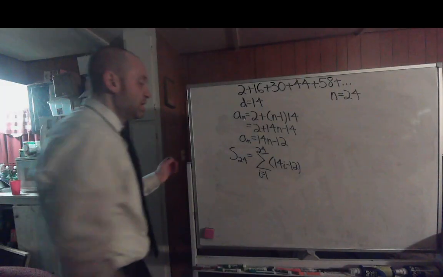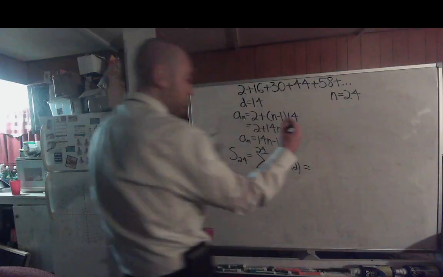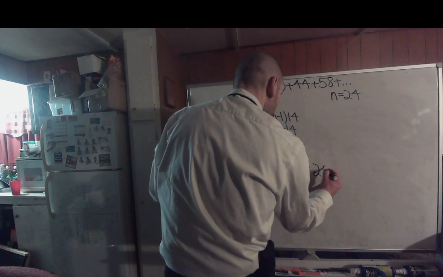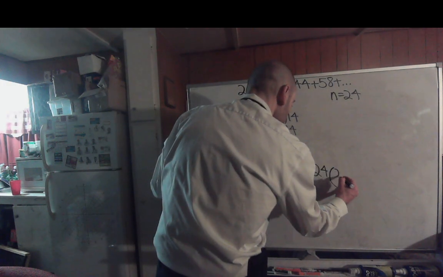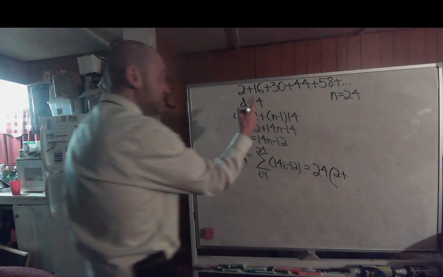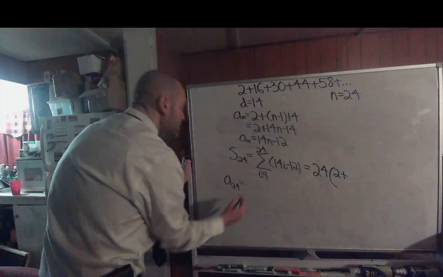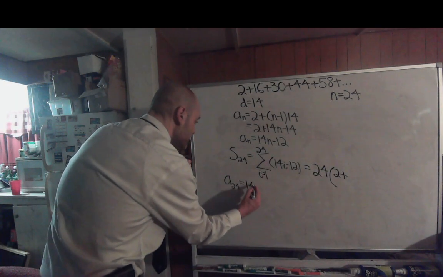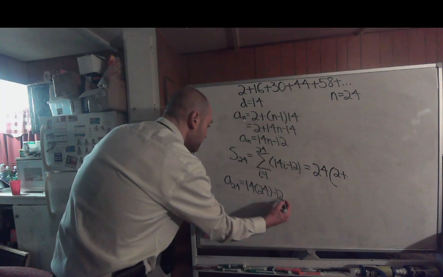Now, what is this really going to equal? Well, we're doing 24 terms, so n will be 24 times the quantity of a sub 1, which is 2, plus a sub 24, which we actually need to find. So that's going to be equal to 14 times 24 minus 12.